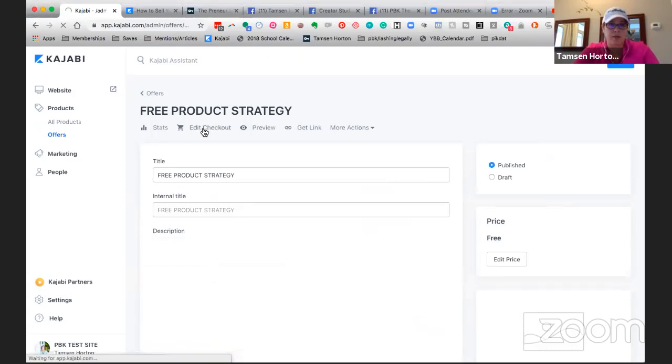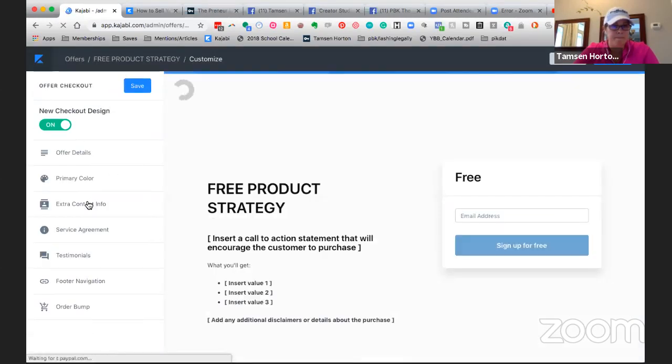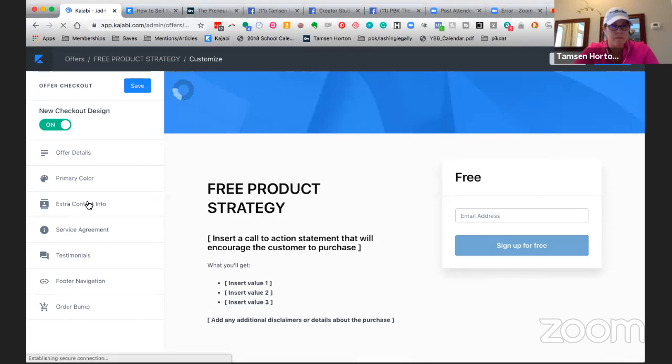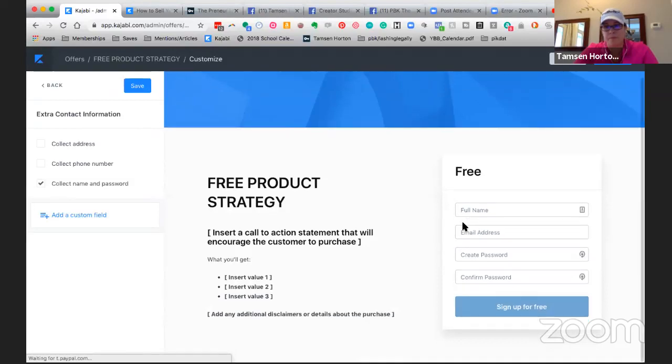under edit checkout. There. That's the only way they can see it and they can stay in control. They have to get to this page.